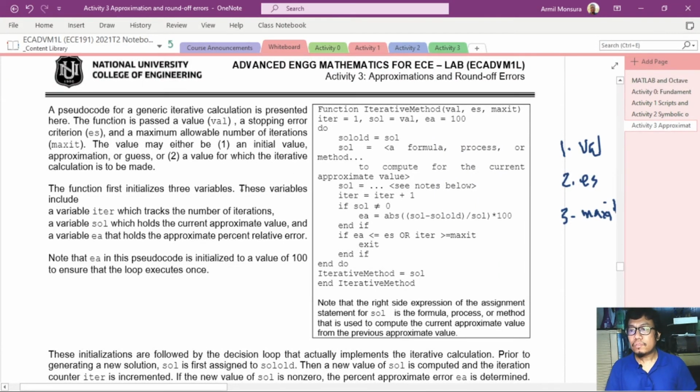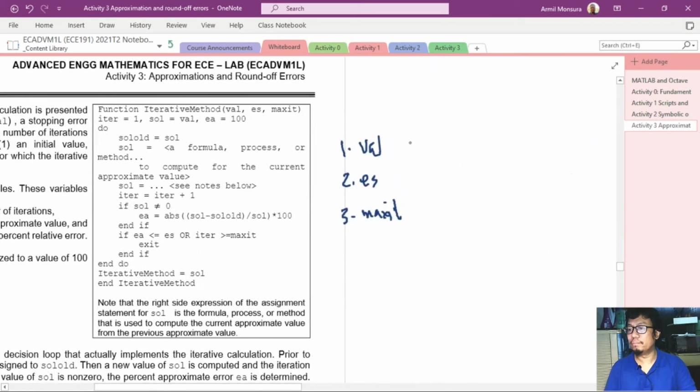Normally, it's either an initial value given in a certain problem or it's a guess. Some of the iterative algorithms that we will discuss involve first trying to guess a certain value. So this can be arbitrary, depending on the user. That's the value val.